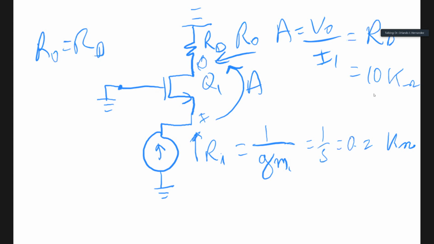Because remember what is inside the transistor: the model is a current source which has infinite impedance. So from a small signal perspective, that RD shows up in parallel with that infinite impedance, so all you see is RD. And they also gave us that it was 10 kilo ohms. Okay. So that's on the A side, just for more insight and clarity.